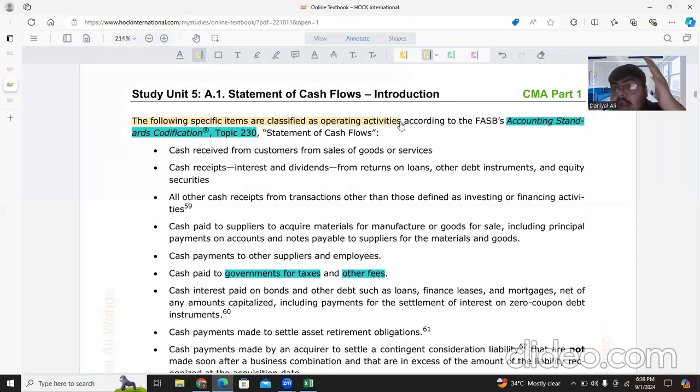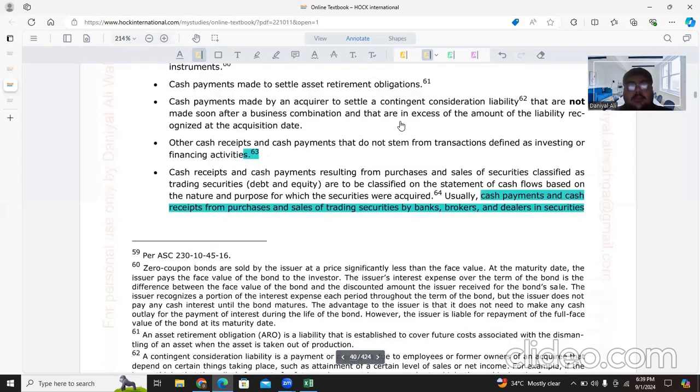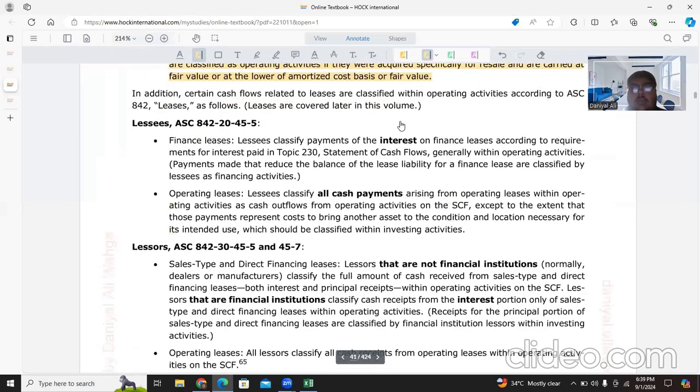You need to understand this. If you are paying interest, and that interest is part of a finance lease, it should be part of your operating activities.